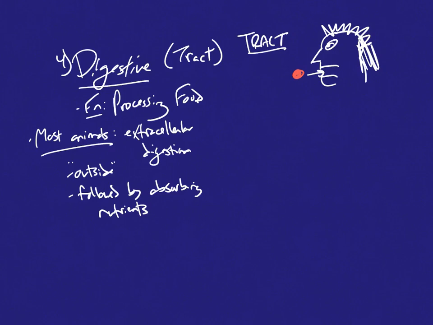And a lot of times what people don't think about is that this is the first part of your digestive tract. So oftentimes referred to as the oral cavity, it is the first place that digestion begins, right? This is highly specialized. It involves teeth that are unique to different types of animals. Your teeth are different than your dog's teeth and so on and so forth.